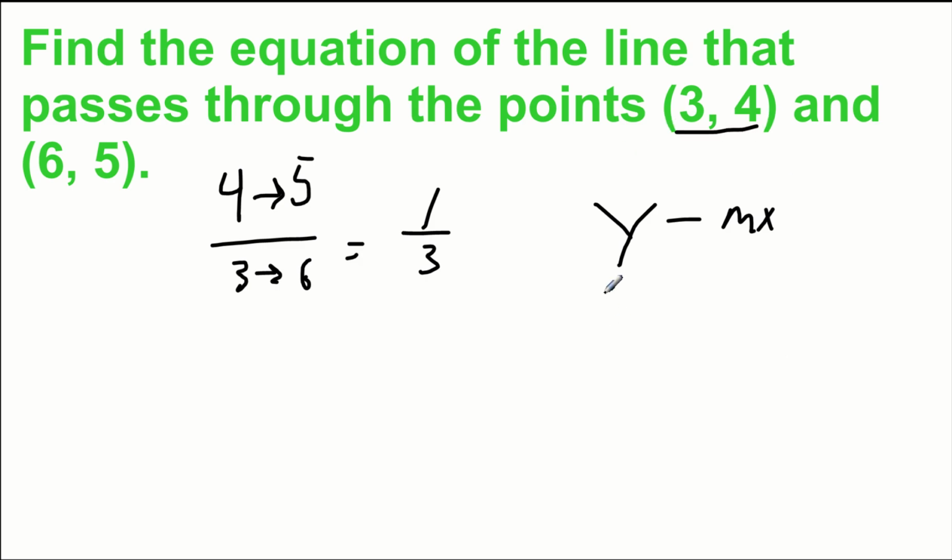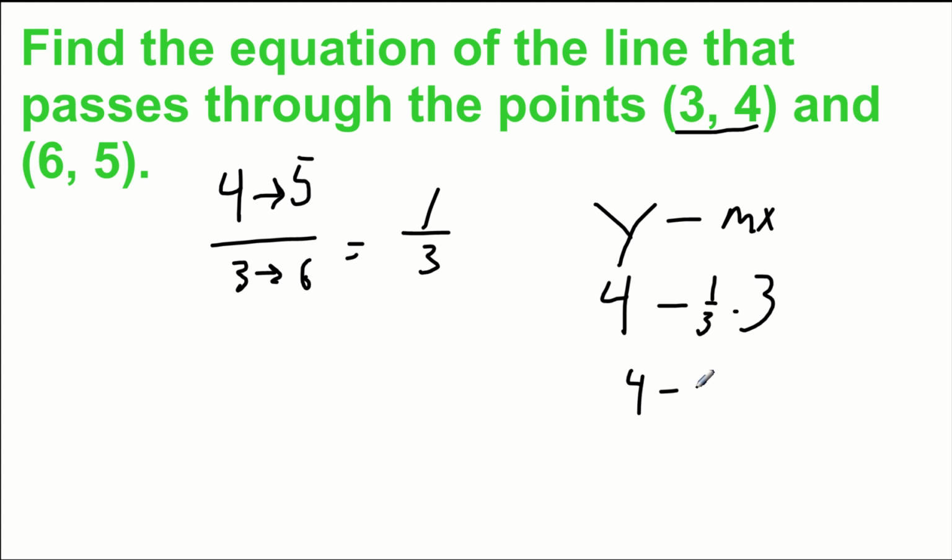I'll take that one there. My y value is 4. My slope is 1/3. My x value there would be 3. When you multiply, if your slope is a fraction, divide by the denominator and multiply by the numerator. So 3 divided by 3 is 1. 1 times 1 obviously is 1.